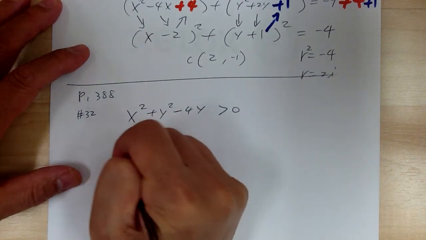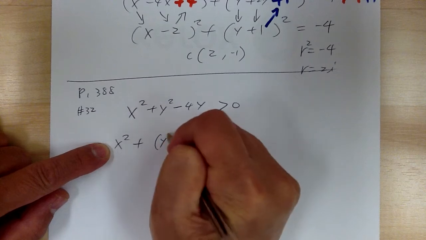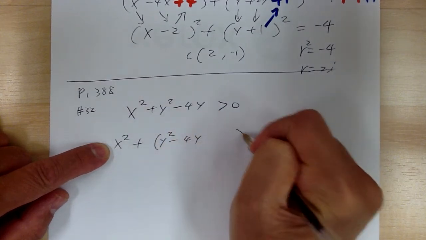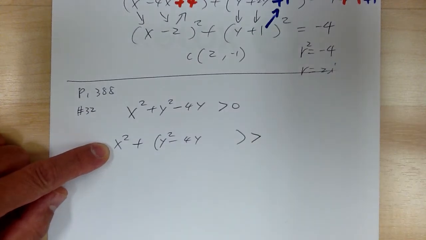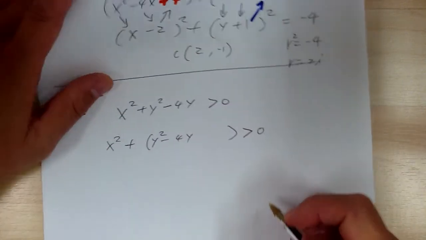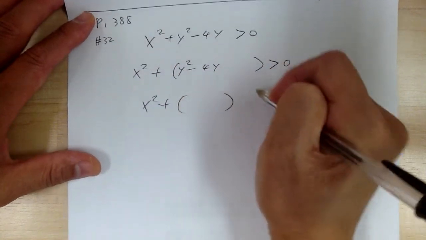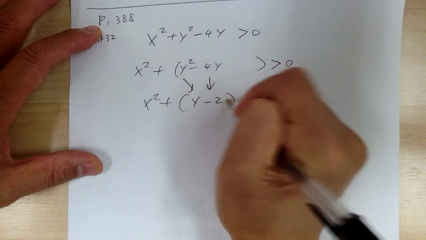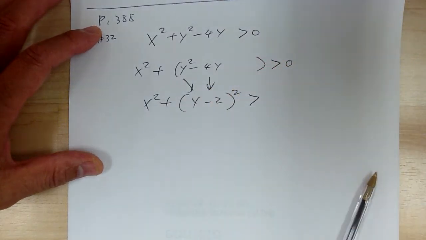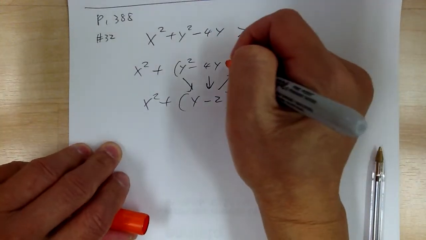Okay, so you're going to get x squared. This is already a perfect square, so you're fine. So you've got y squared minus 4y blank is greater than 0. Okay, so let's make the perfect square. From here I get y, from here I get minus 2, and so from this I need to get plus 4.